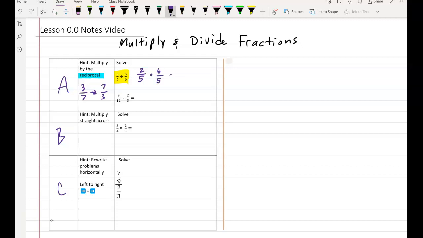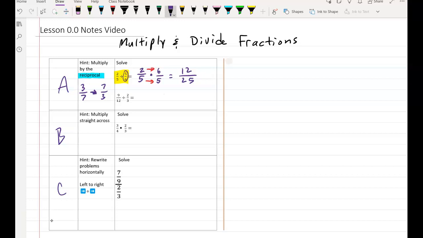And then we multiply straight across. 2 times 6 is 12, and 5 times 5 is 25. See how easy that was? Multiplying, you just multiply straight across, but division, you have to multiply by the reciprocal of the second number.